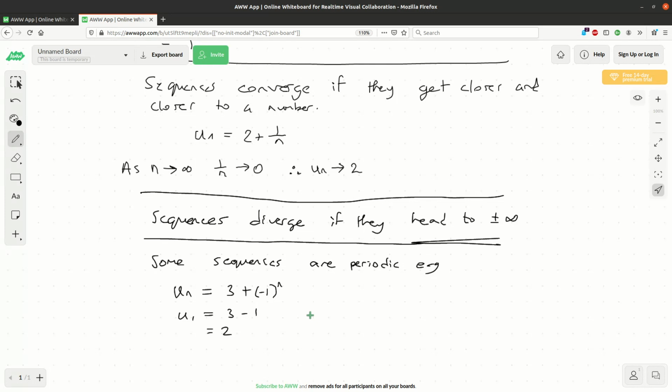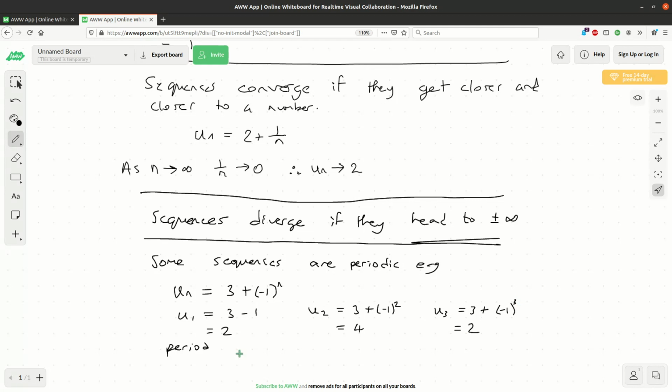I'm sure you can see what's going on here. That's going to be minus 1, so that's going to be 2. And so that sequence just goes 2, 4, 2, 4, 2, 4, and it's got a period of 2 because it just repeats 2 terms. Just look at the length of the sequence which repeats itself.